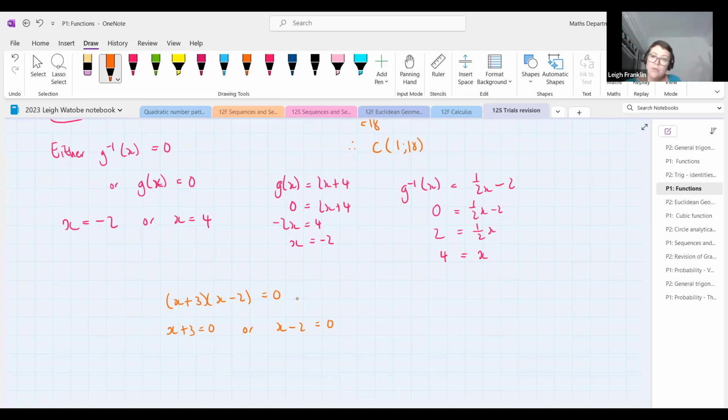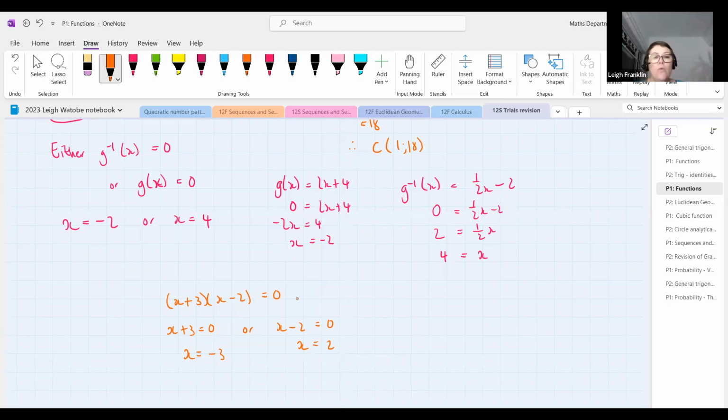So for the product of two things to be 0, either the one is 0 or the other one is 0. The one value of x making the product equal to 0 would be x equals -3. The other value of x for which the product is 0 would be 2. It's exactly the same idea.